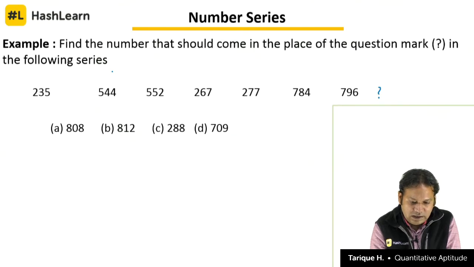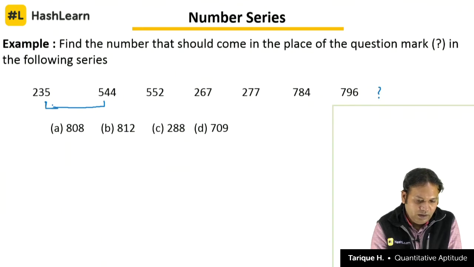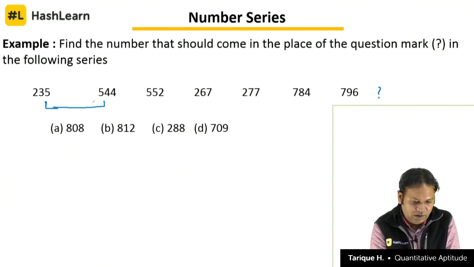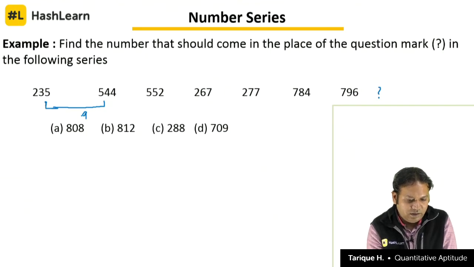One thing I can see here is that we have 235, then we are going to 544. If I find the difference of 235 and 544, how much is that? 14 minus 5 is 9, and then 3 and 3 becomes 0, so you get 309.